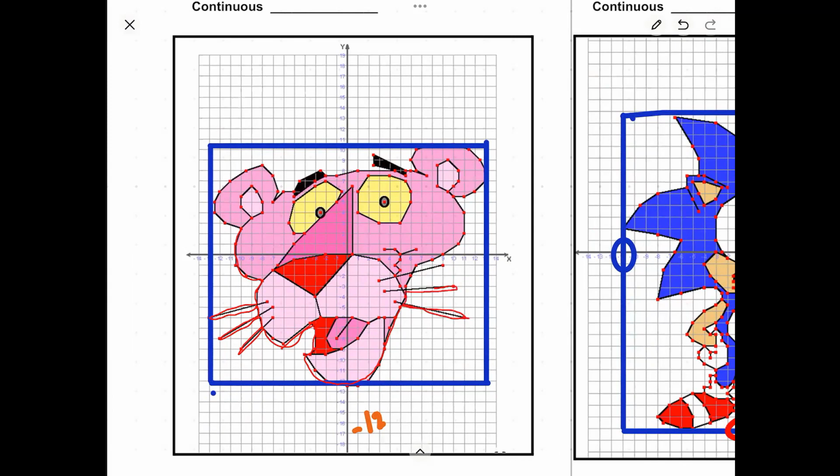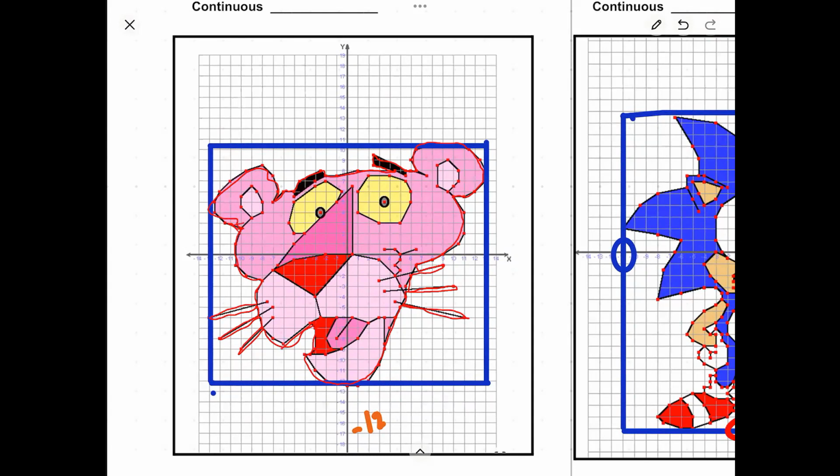Here's his eyebrow, go all the way over, and I get back to where I started, right here. And I didn't have to lift my pencil once.